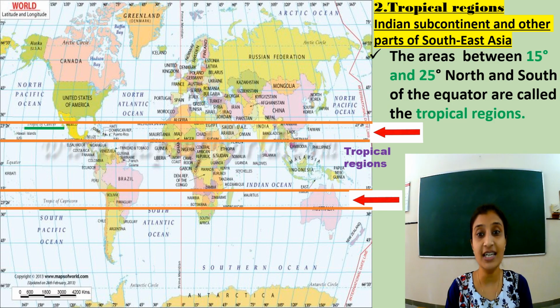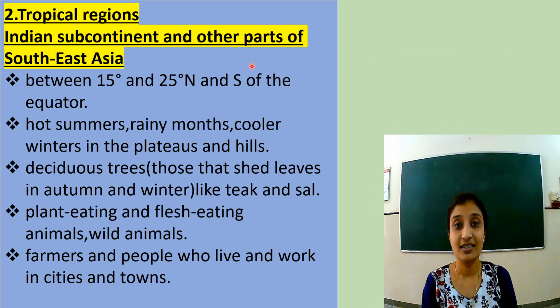The second region is the tropical region. It lies between 15 degrees to 25 degrees north and south of the equator. The tropical region covers the Indian subcontinent and the other parts of Southeast Asia. It has hot summers, rainy months, and cooler winters in the plateaus and hills.